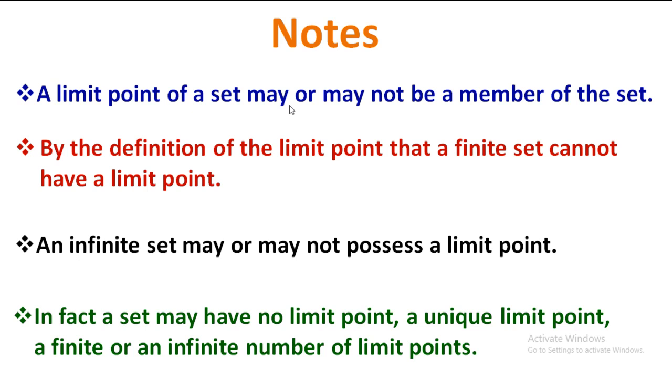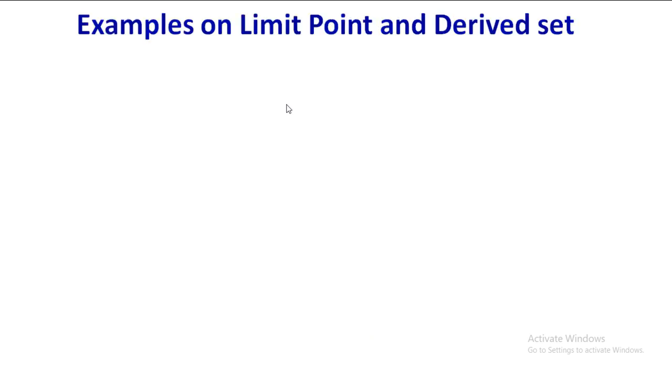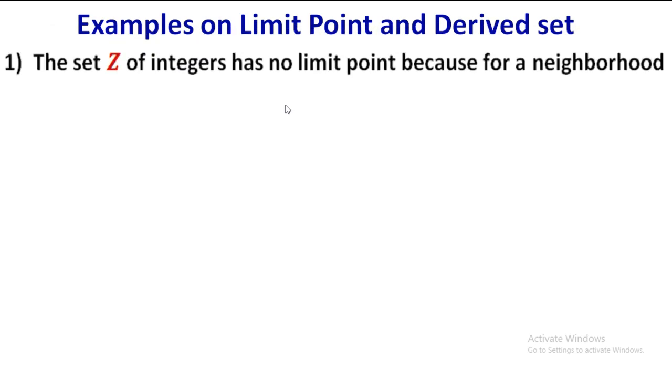Okay. Now let us see some examples on limit point of a set and a derived set of a given set. First example: the set of integers Z has no limit point. Why?